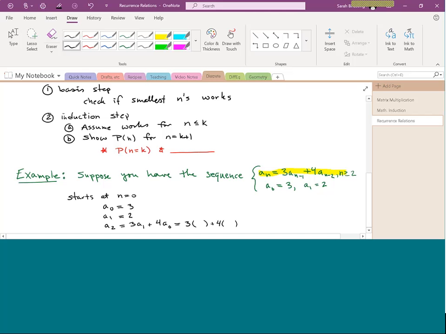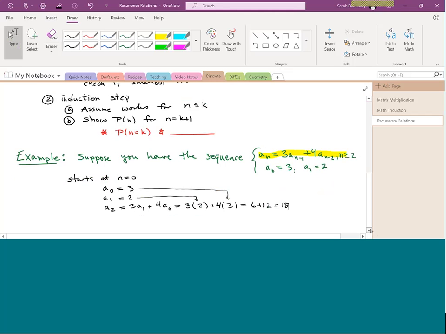A1 is 2, and A0 is 3. This is what's known as the recursive form, or the recursive relation, or the recursive formula. That last word can change depending on who says it and what book you're using. Then we just need to figure out what this number is. That looks like 6 and 12, so that looks like an 18.